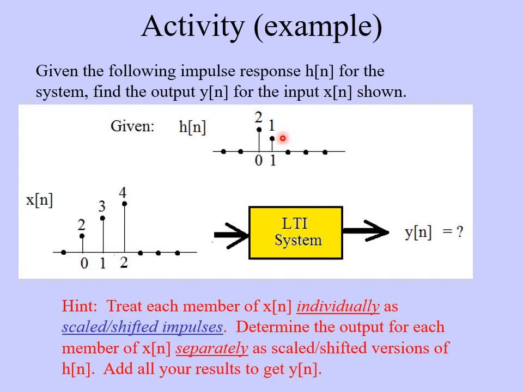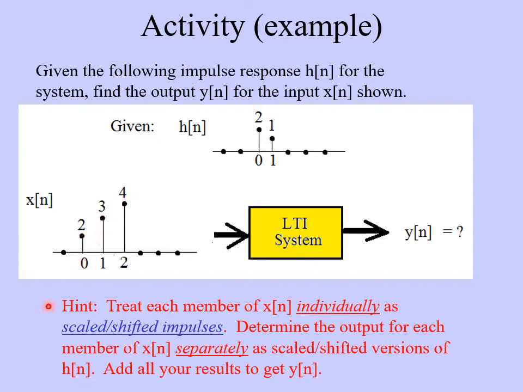Now the question is, what is the output of this same system if we put this into it? So notice there's a 2, a 3, and a 4, all one after the other. What will we get for our output here? To figure this out, all you have to know is the impulse response here, and these values here and where they are.